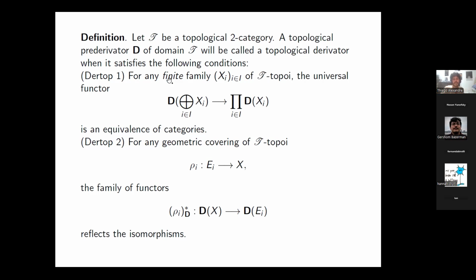But now we don't assume that our geometric morphisms are essential and that our toposes are necessarily categorical. We just consider arbitrary geometric morphisms between toposes, and we just rephrase the axioms.